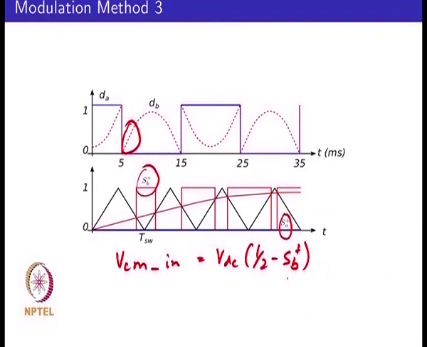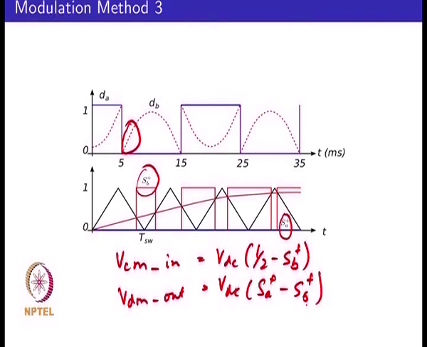So, we can see that your differential mode signals VDM out is still the same VDC into SA plus minus SB plus. So, your output switching frequency is still at FSW. So, modulation method 3 is poor from both the input and output perspective.